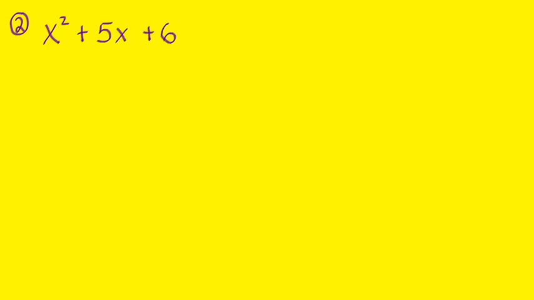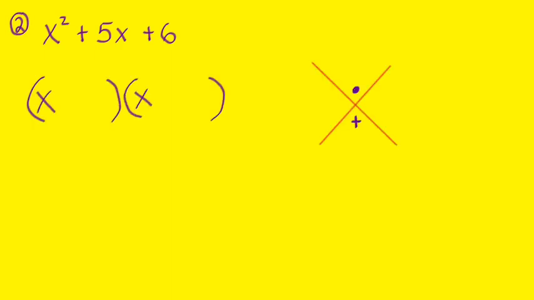So let's look at it again. Go ahead and start with your X-box, right? After you split your x's. And on here we know that two numbers multiply to be a positive 6 but add to be 5, right? Again, we know these are both positive because a positive times a positive equals positive 6. And the middle term, the same digits have to add to be a positive 5.